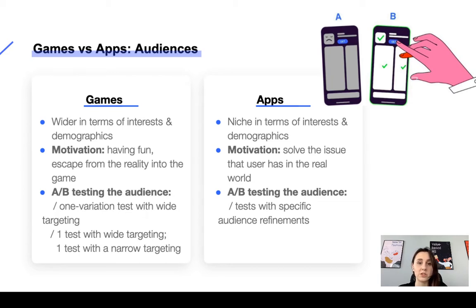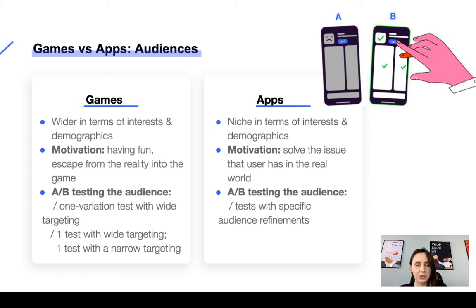Another thing that they can do is to run one experiment for a wider audience and another one for a narrow audience, and then do the comparative analysis of the results to see which of the audiences performs better.